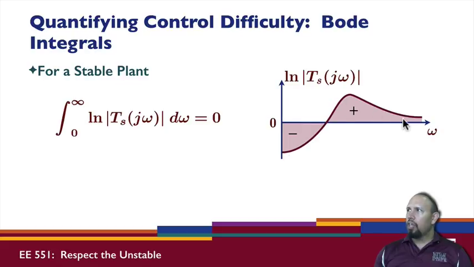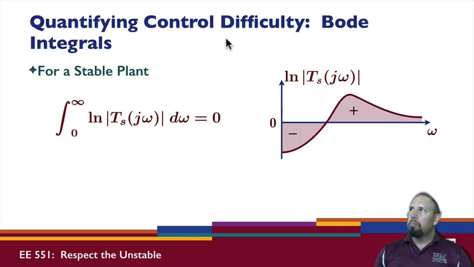So why do we draw the curve like this? Well, remember our sensitivity function, in order to track signals like constant signals, I need a small sensitivity at low frequency. So I need this to be small in order to have good tracking.